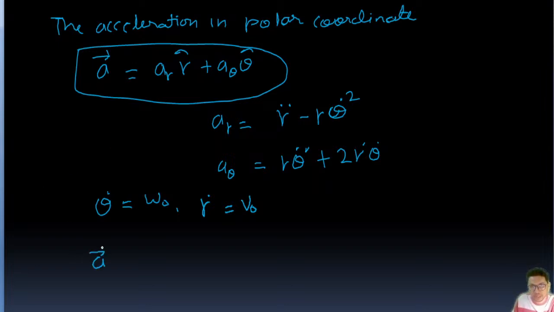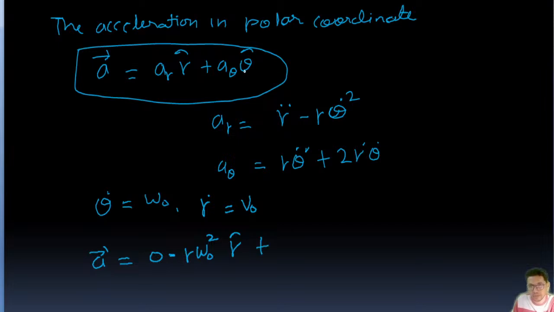The value of A r is r double dot. Since v naught is constant, r double dot is going to be 0, minus r theta dot square, where theta dot is omega naught, so omega naught square, r cap.